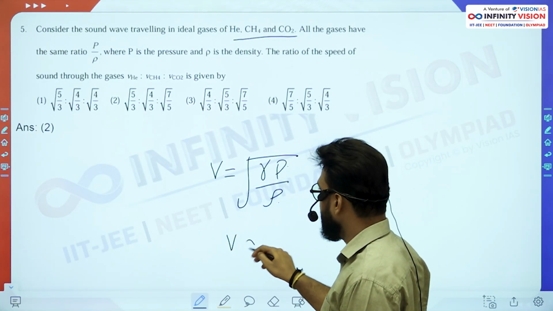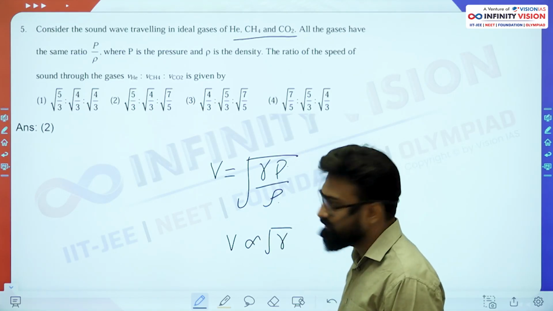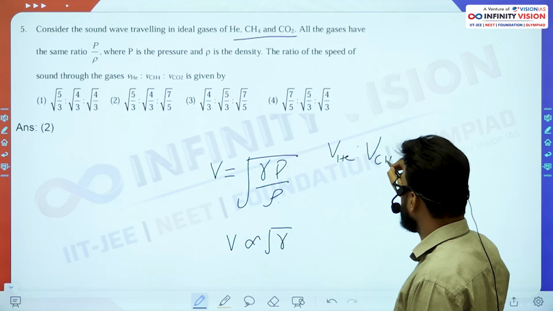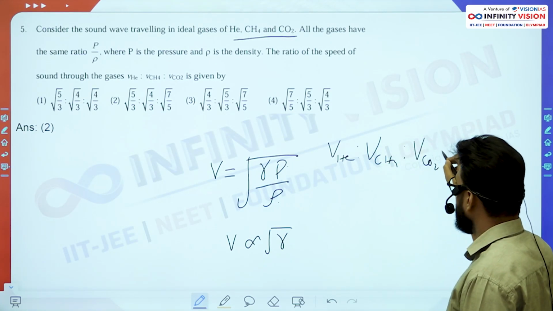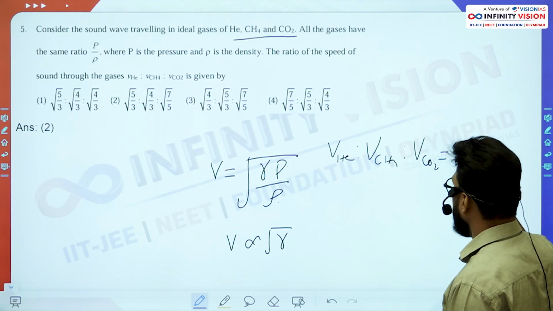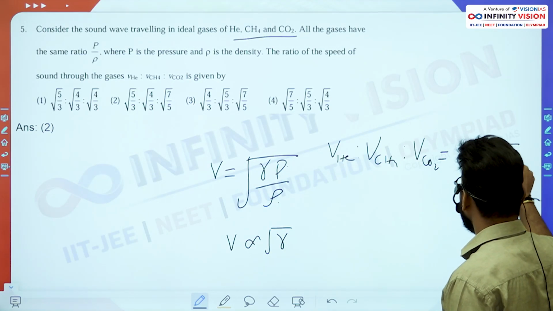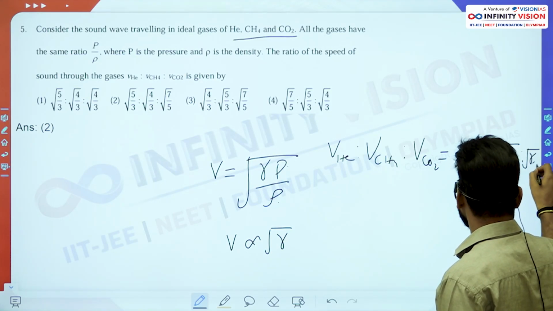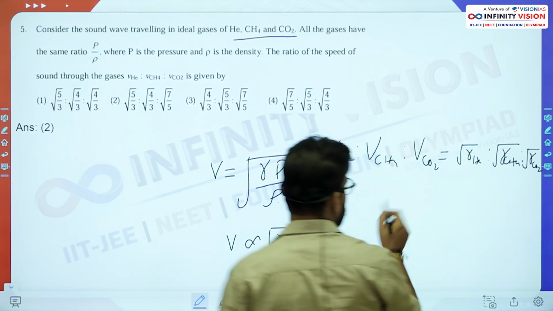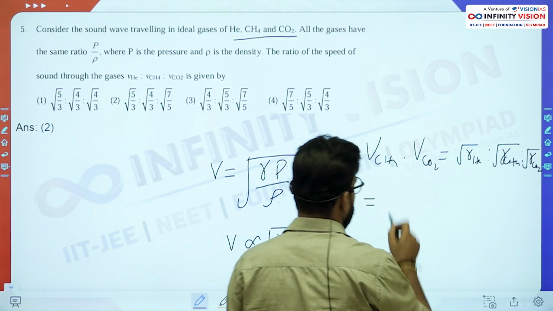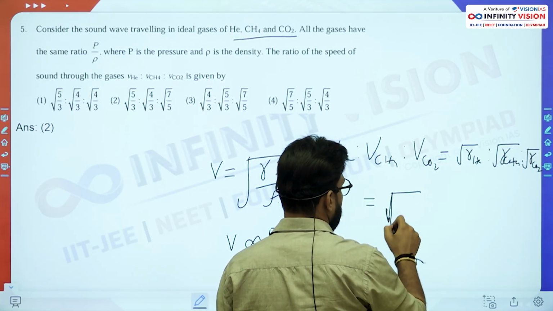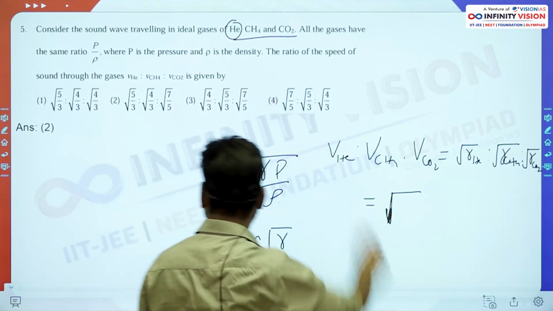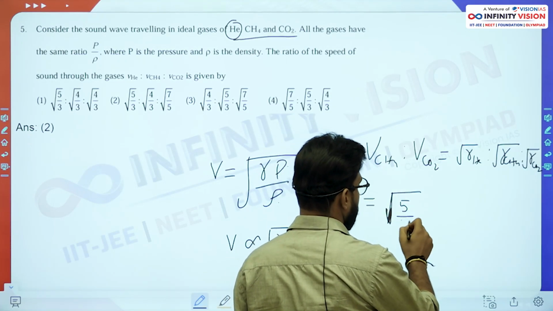For these three gases, the P by rho ratio is constant. So that means v is only directly proportional to the square root of gamma. So v of helium : v of CH4 : v of CO2 would be root of gamma helium : root of gamma CH4 : root of gamma CO2. Since helium is a monoatomic gas, gamma is 5 by 3.